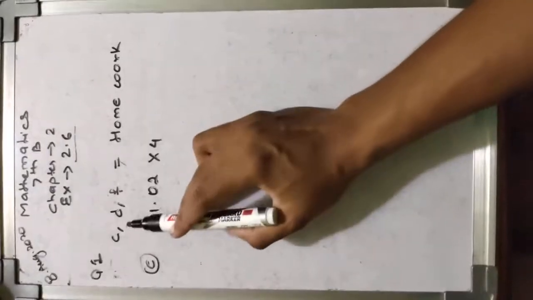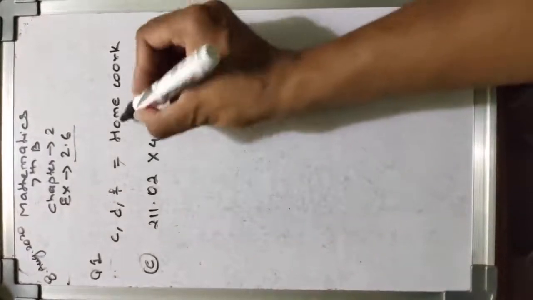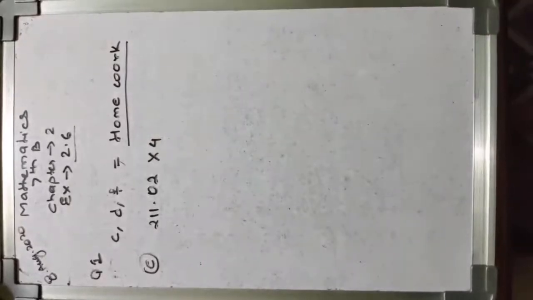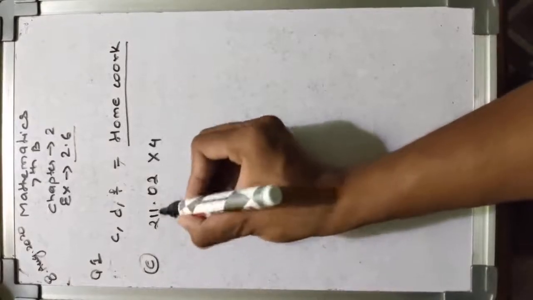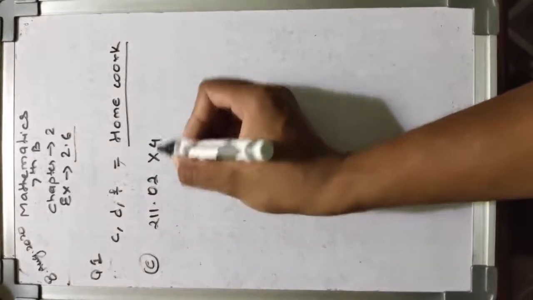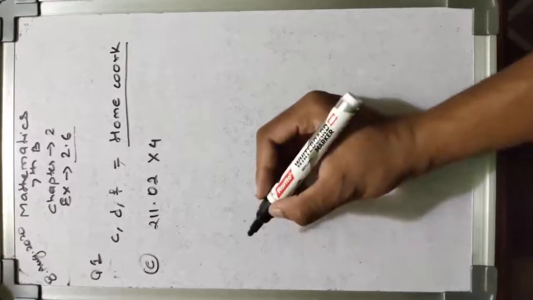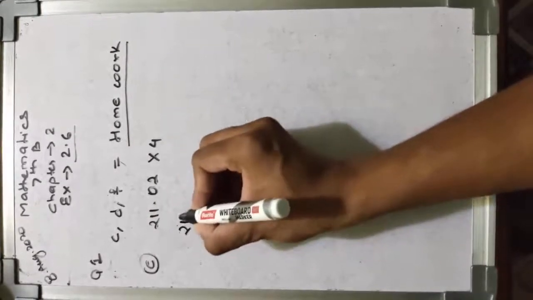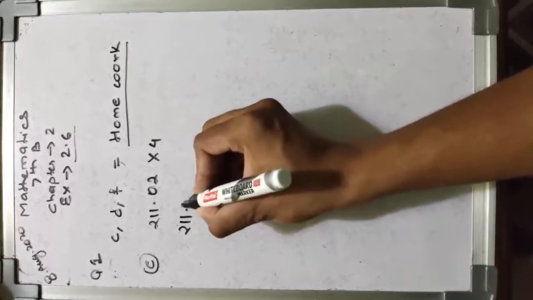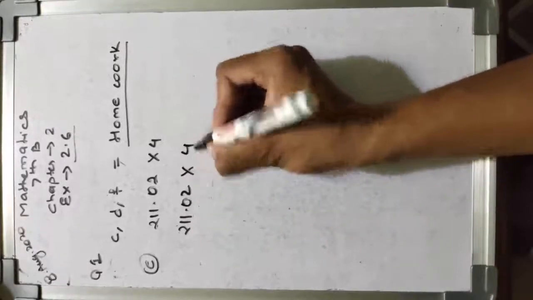So C, D and F are your homework. They are really easy to do, and I'm solving E here. 211.02 multiplied by 4. So how to solve it? We will just do our regular approach.